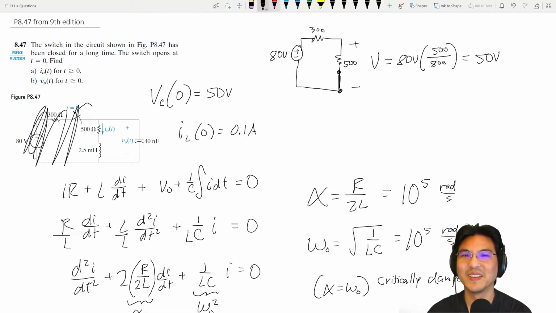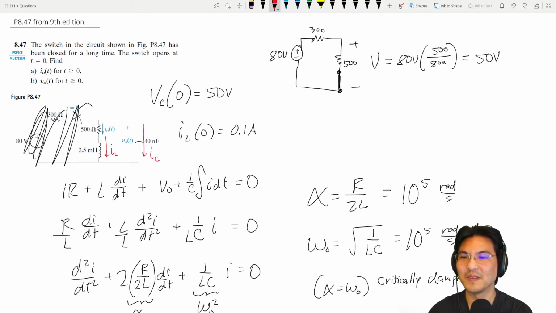For the capacitor, if I label the current for the capacitor going like this, and the current for the inductor going like this, I already know this answer was 0.1.